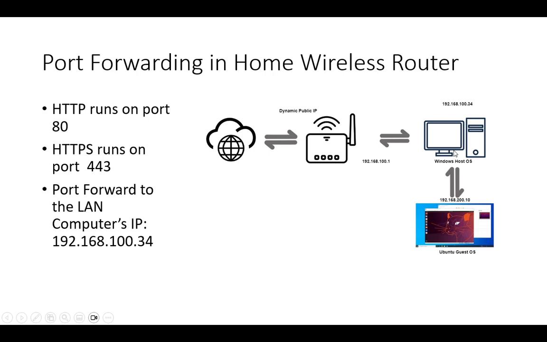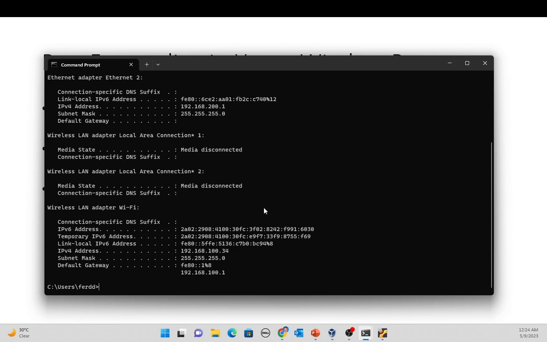The next step is we need to port forward any requests to this machine, which will later forward them to this VirtualBox machine here. So basically, for you to test your connection, you need to know your router's IP address.